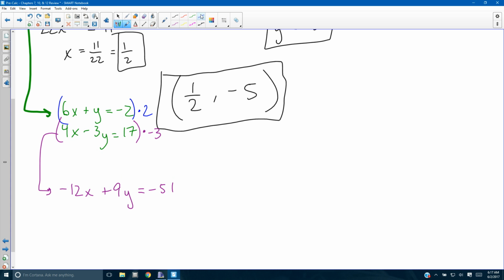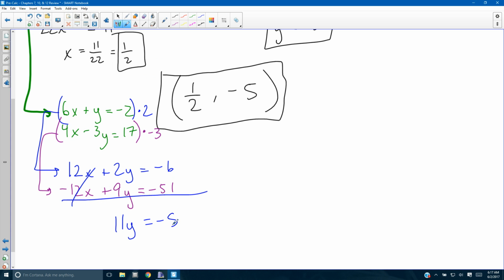And then with the top equation, I'm multiplying that by 2. This will be a positive 12x, exactly what I wanted, plus 2y equals negative 6. Go down the lists. We're going to eliminate 11y equals negative 57.